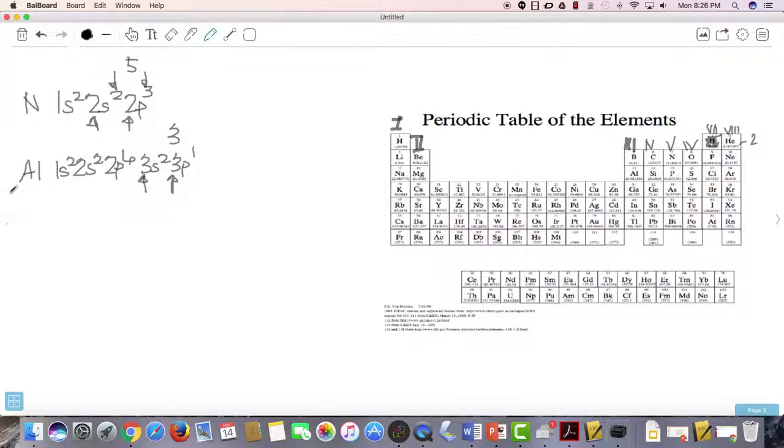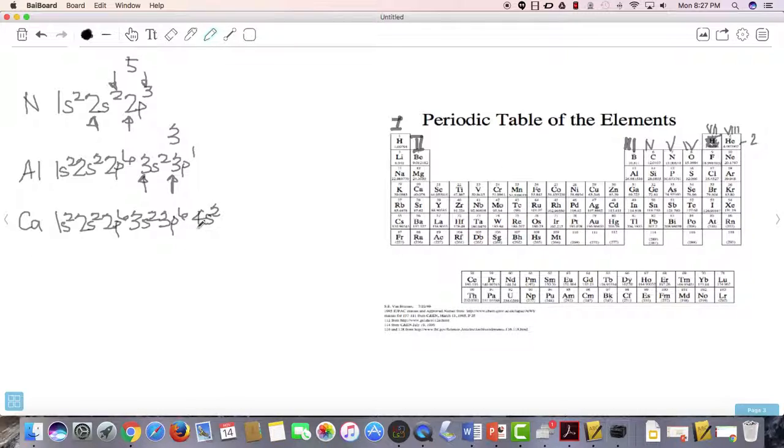Let's take a look at calcium. Let's write the electron configuration for calcium. All right, so there's the electron configuration for calcium.